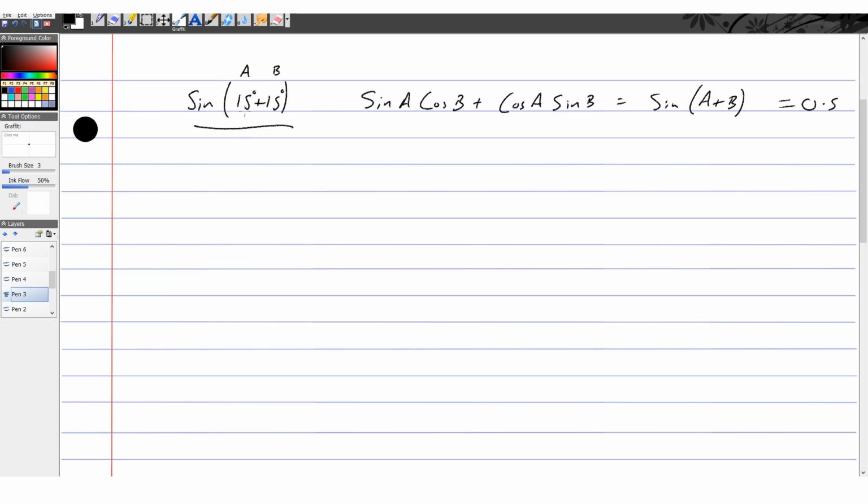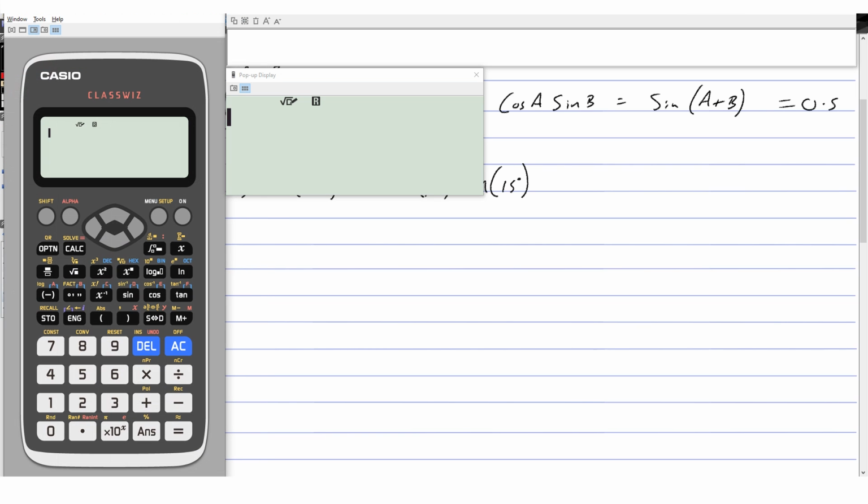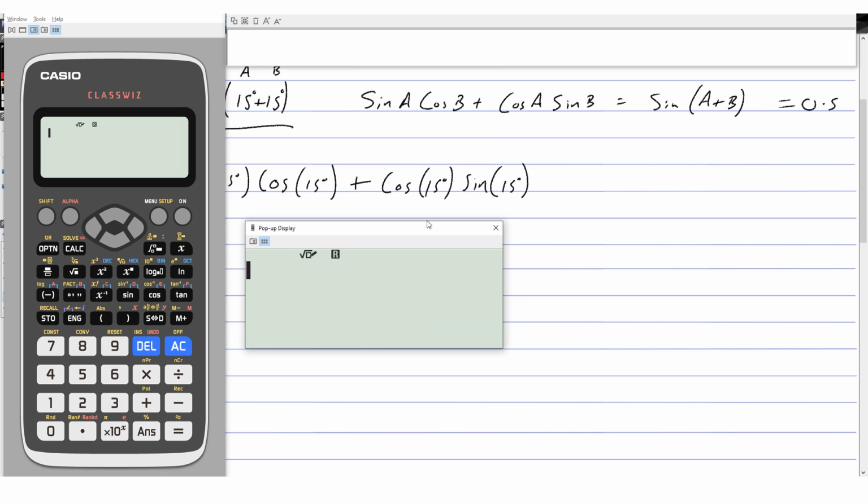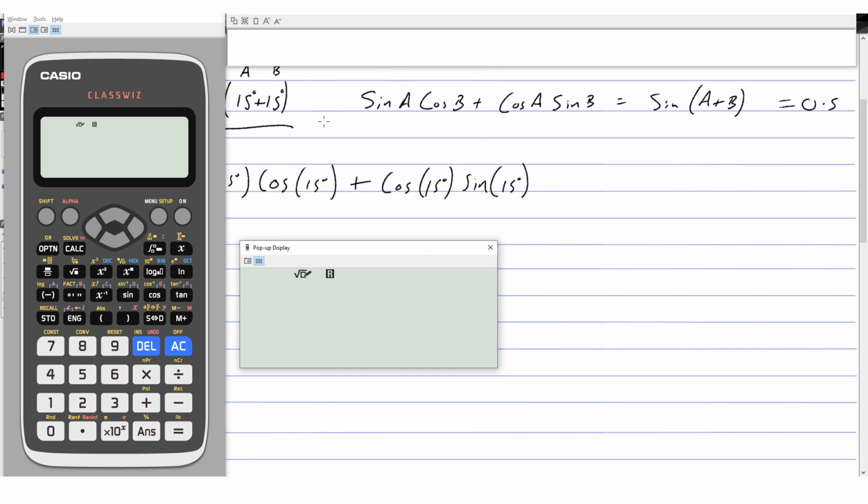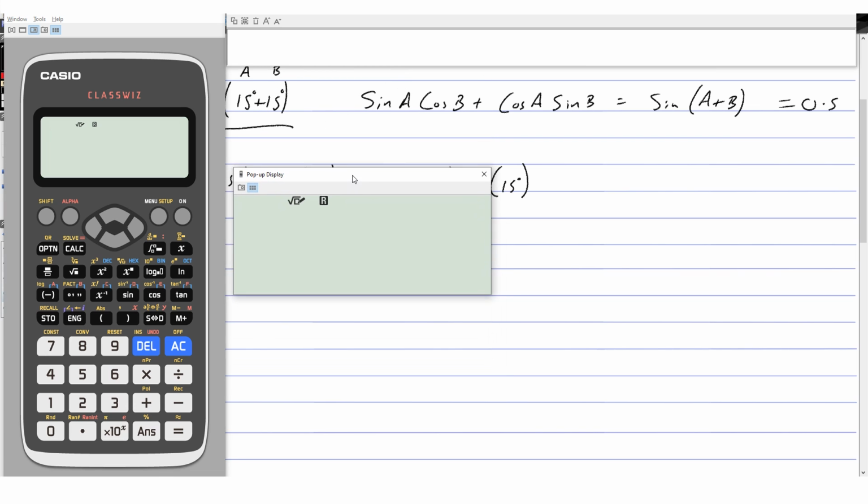So in this case A is 15 and B is 15. So we have the sine of 15 degrees times the cosine of the other 15 degrees added to the cosine of A times the sine of B. And on the calculator we can do it in one step if we want to. So this will show you what I'm writing.